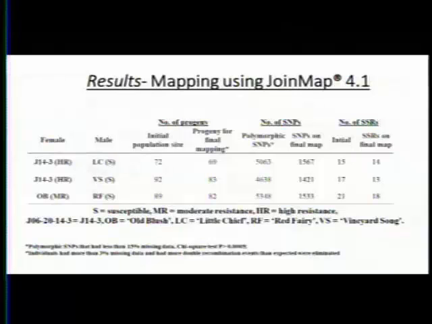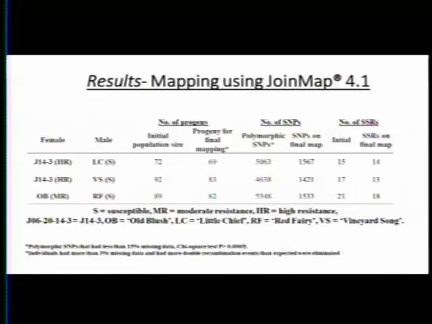In this table, I summarized the population size and the SNP marker numbers for our first 3 populations. We started with around 70 to 90 individuals for each population, and during the map construction, we realized some individuals may show alien alleles, so they may be wrong crosses, or have so many double recombinations, or other events beyond what you would expect.